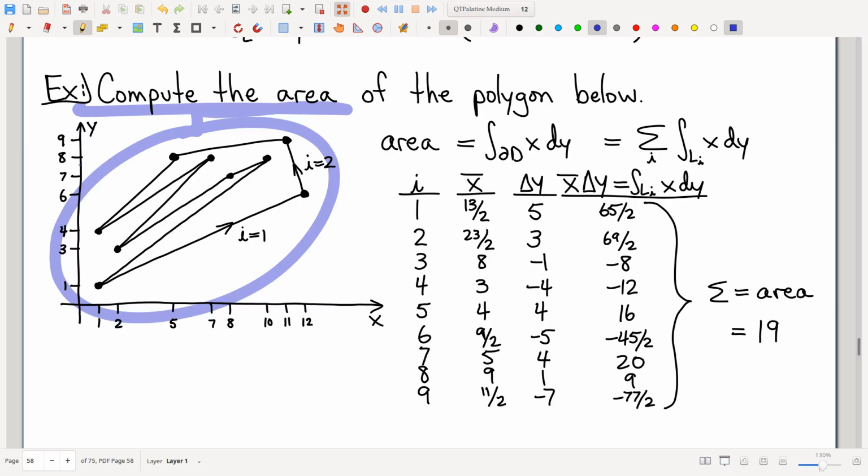Now you can break this up into little pieces. I could view this as being that triangle plus that triangle plus that triangle plus that triangle plus that triangle plus that triangle.